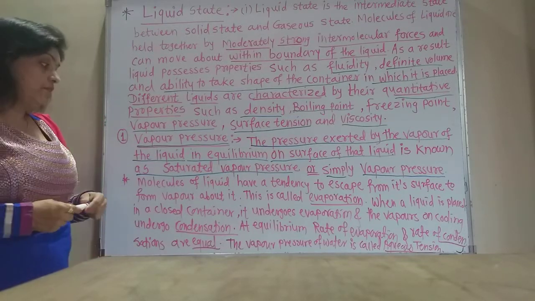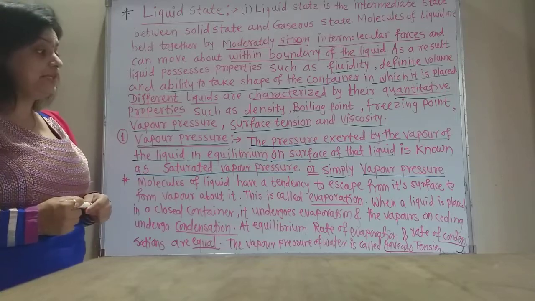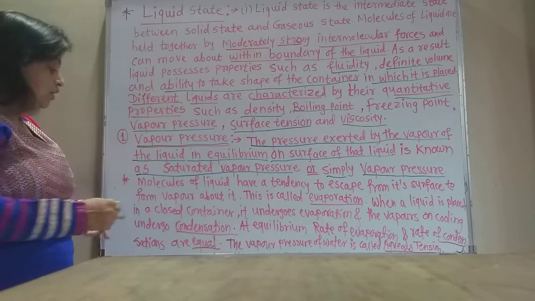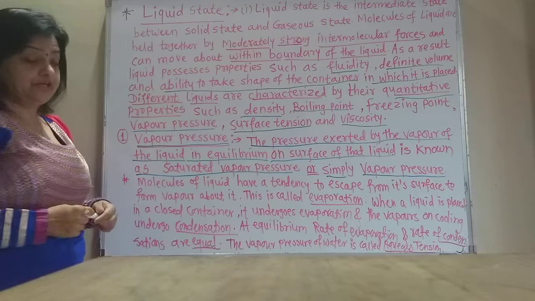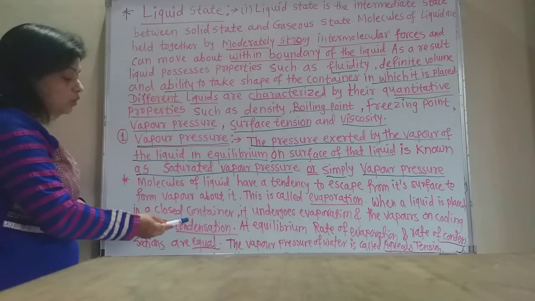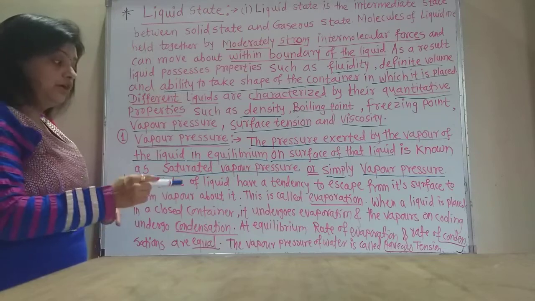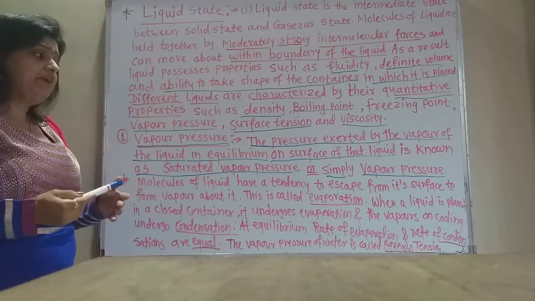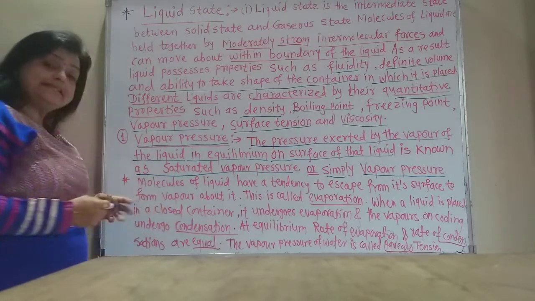Now, see here, molecules of a liquid have a tendency to escape from its surface to form vapor above it. This is known as evaporation. When a liquid is placed in a closed container, it undergoes evaporation and the vapors on cooling undergo condensation.